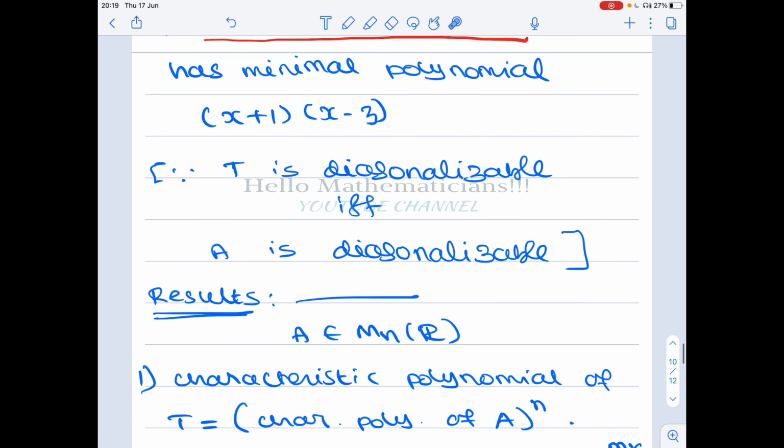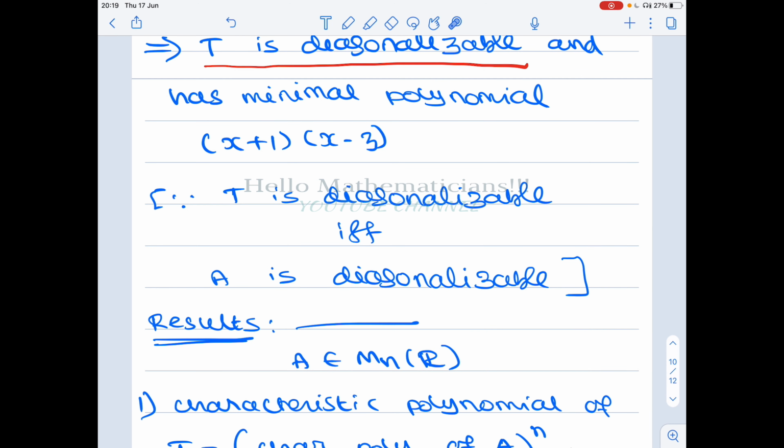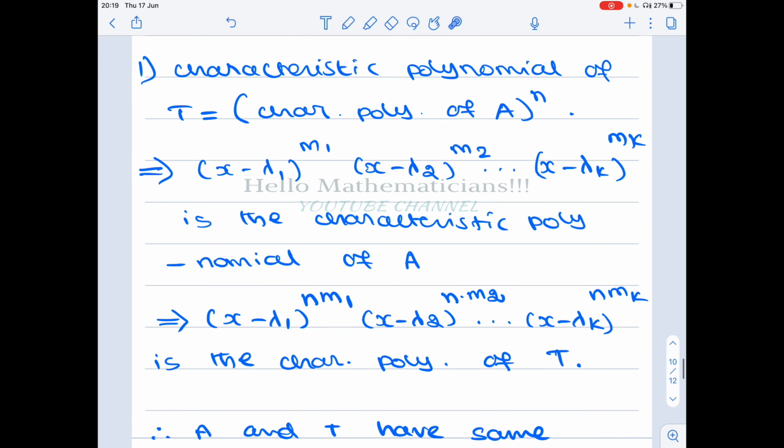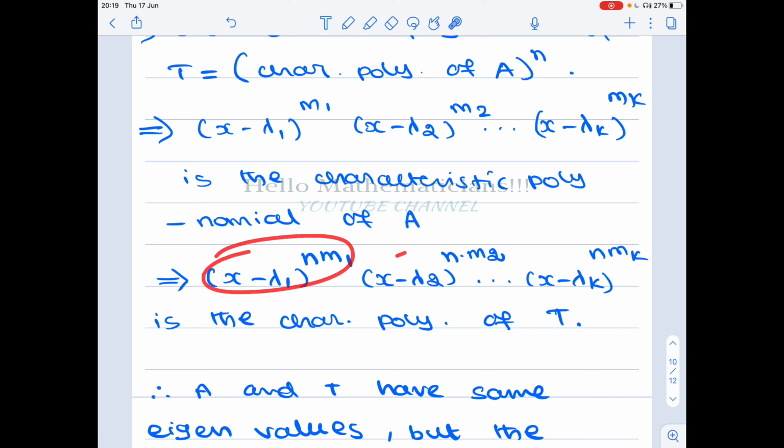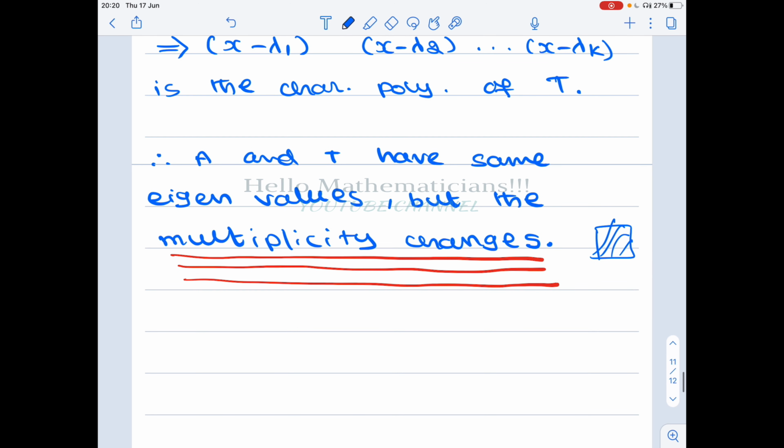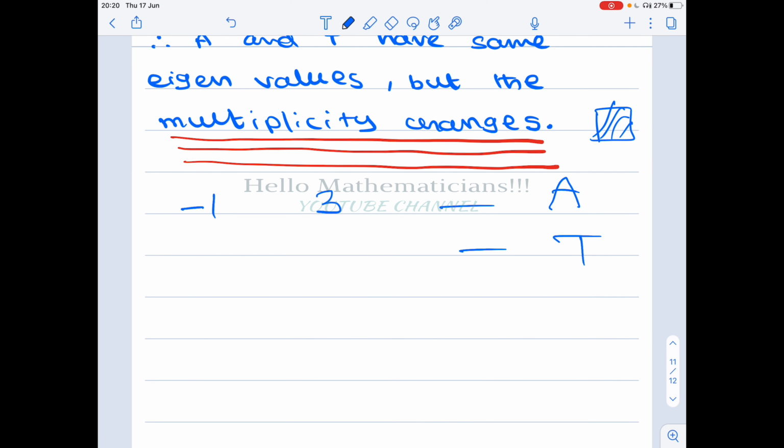For A, the eigenvalues are minus 1 and 3. Therefore, from this result, we can conclude that the eigenvalues of T are minus 1, minus 1, 3, 3.